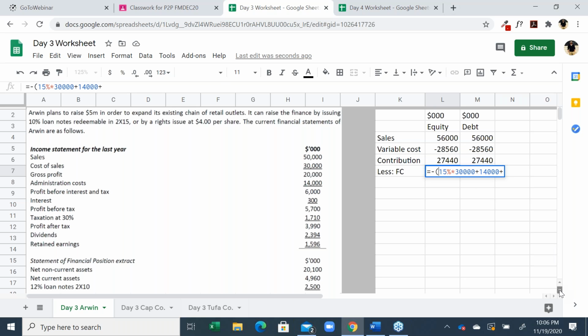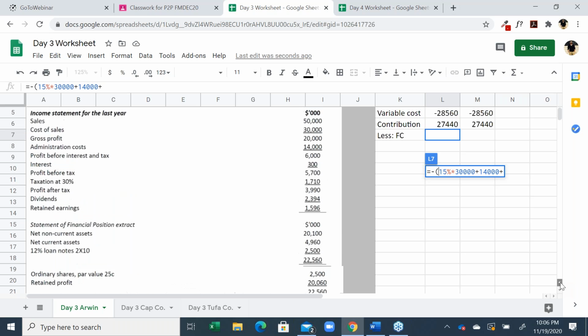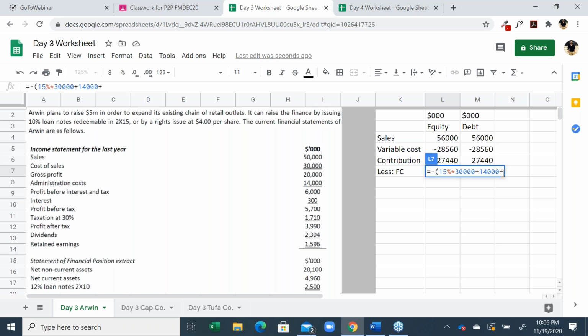There is a 5% change in the fixed cost as well, and that's the administration cost. The change is in the administration cost, so let's multiply it by 1.05. It's 19,200, and it will be the same here as well.